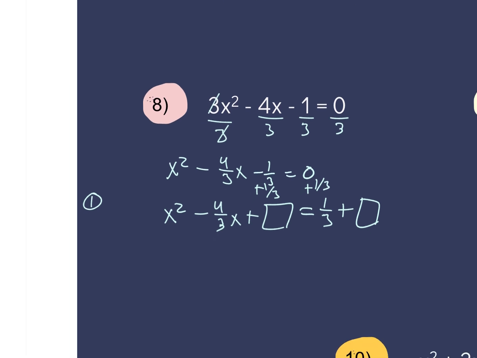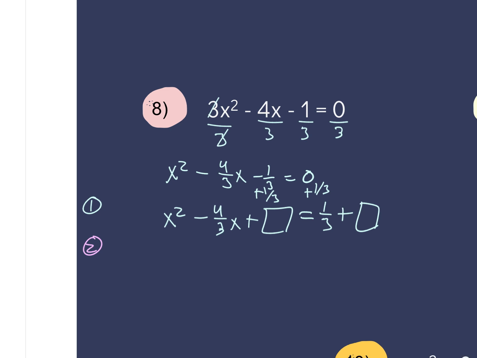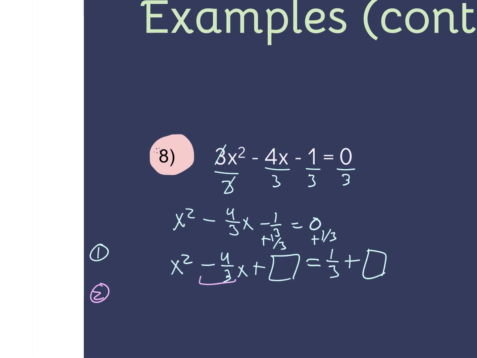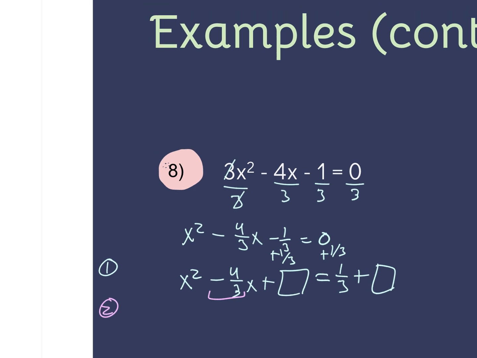And then the second thing is we want to add b over 2 squared to both sides. In this case, b is this negative 4/3. Dividing by 2 is the same as multiplying by 1/2, so let's do that here since we have a fraction.